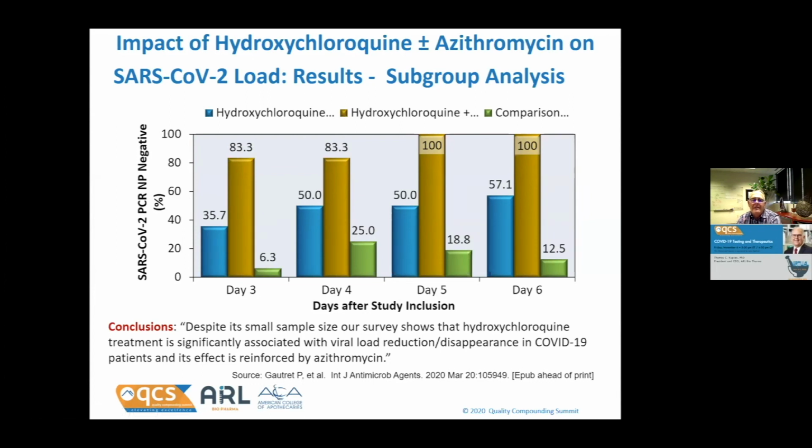And so you can see, despite its small sample size, our survey shows that hydroxychloroquine treatment is significantly associated with viral load reduction or disappearance in COVID, and its effect is reinforced by azithromycin. So the conclusion of this journal is showing that when hydroxychloroquine is combined with azithromycin, you can see the increased reduction of the viral load in this reference.